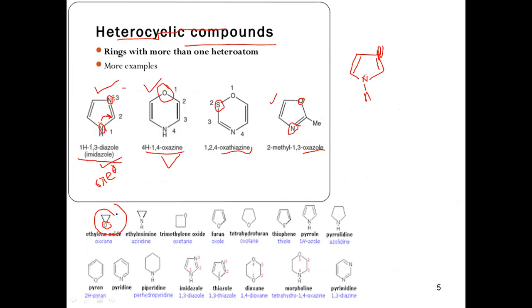This is called a heterocyclic ring compound example, and it is very well known to you. Then the second one is cycloethylamine, meaning nitrogen in a 3-member ring with 2 carbons. It's also a heterocyclic compound. Then trimethylene oxide, a 4-member ring, is also a heterocyclic ring.